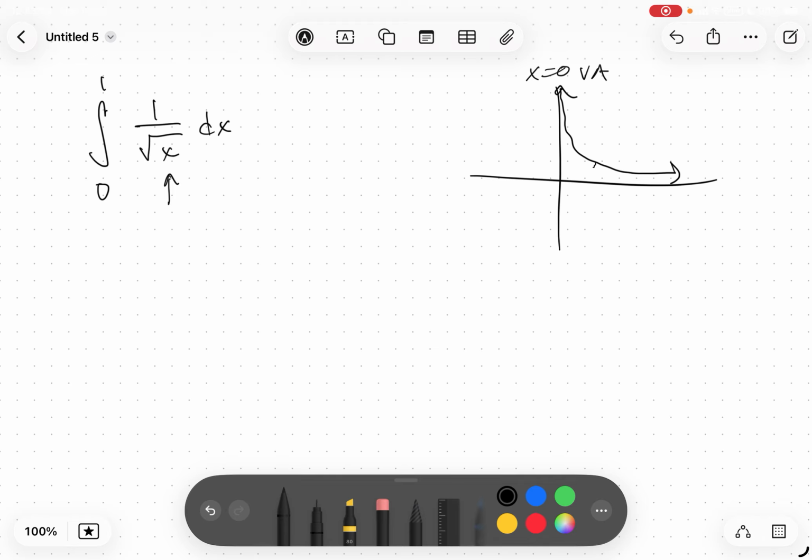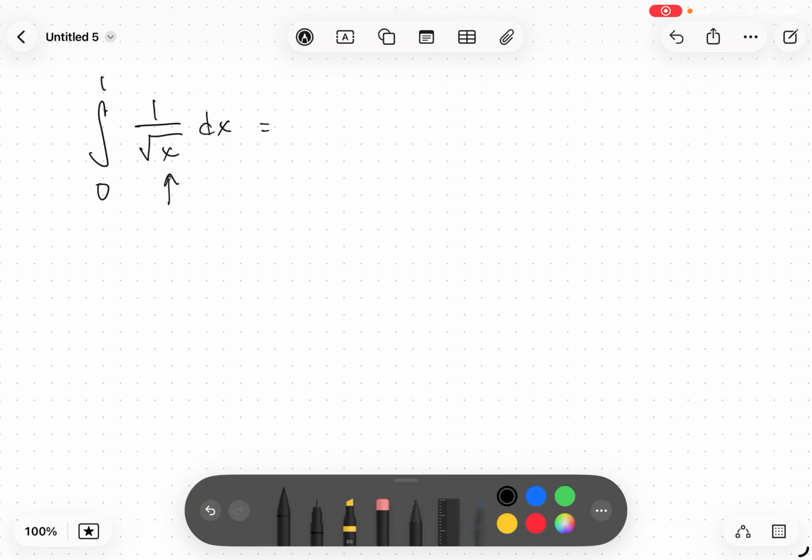And we're trying to figure out, okay, when we get up to x equals 1, how much area is there? But the region is unbounded on the y-axis side, right? And so basically we're asking the question, how much area is there here? Okay. And we can find out by just computing the antiderivative and plugging in our limits and finding the limit, right?